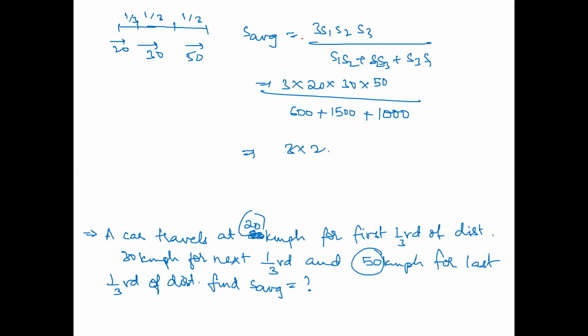Don't start multiplying, just let it be so that it's easy to cancel. Denominator simplifies to 3100... 2500, so 2600. Two zeros will cancel. This is your answer.